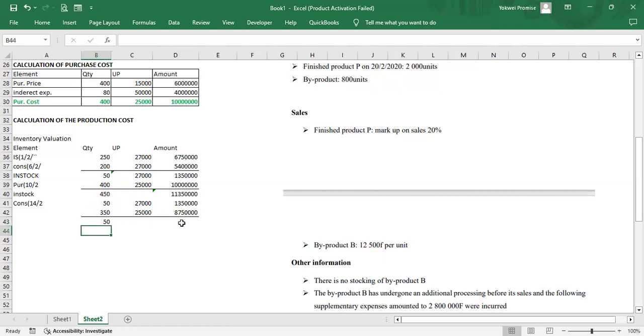I am left with 50 units here, also equal to this minus this, take away this. So here should be 25,000, I guess. So this is what we have as our final stock.